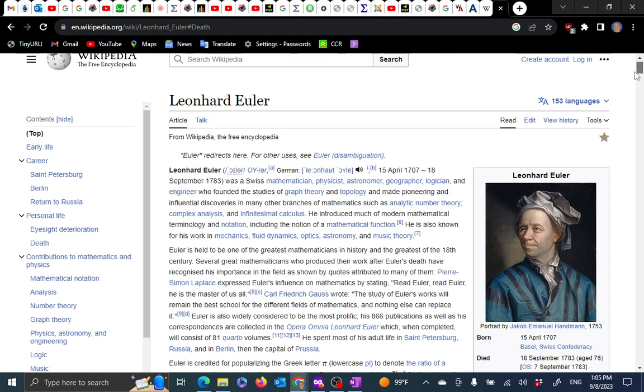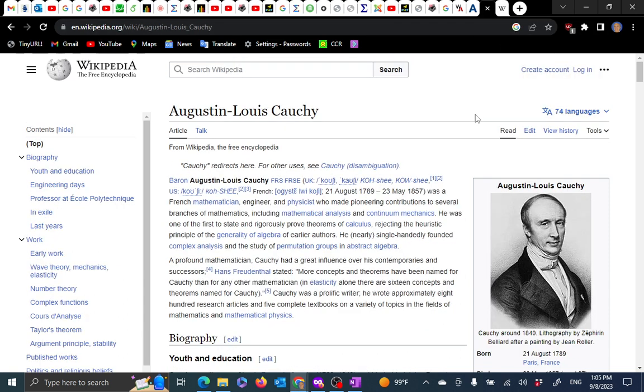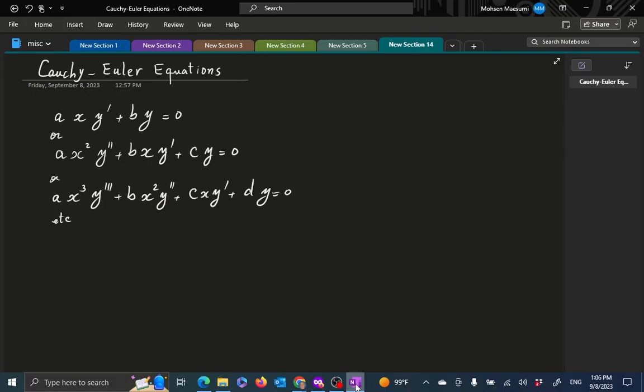Leonhard Euler is a Swiss mathematician, and Augustin Louis Cauchy is a French mathematician, physicist, and engineer. They have their names on many of the things we do in this semester, and what we are doing today is a set of differential equations that are named after them.